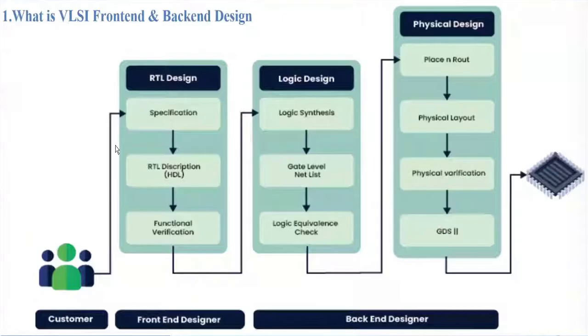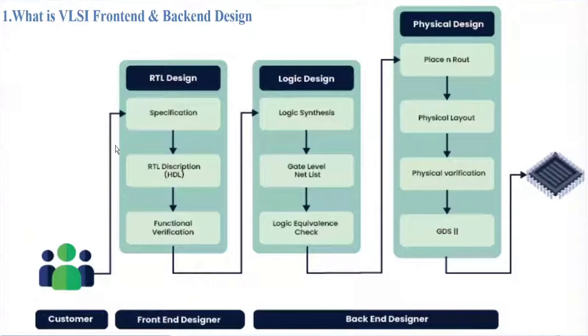All those things are taken in the specification. After specification comes RTL description. RTL means register transfer level. As I told you in the introduction, what is the difference between software language and hardware description language? Software languages will not generate hardware, they give the application only.